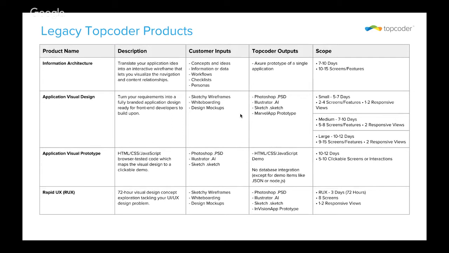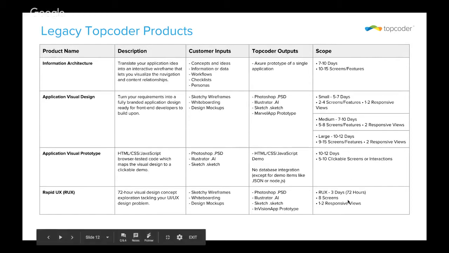These are our legacy products of information architecture, so wireframes, AVDs. We've split these up into 3 different sizes, small, medium, and large, with clearly defined scopes and outputs. And then application visual prototypes, which are our front end prototype.